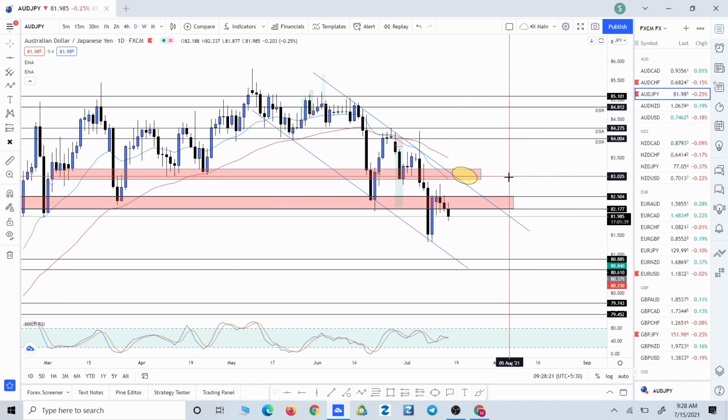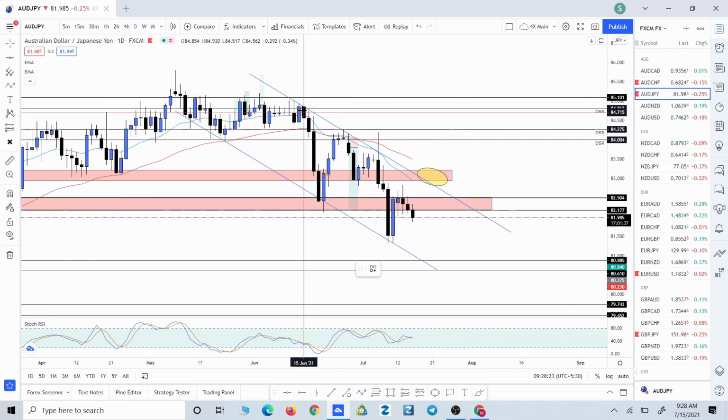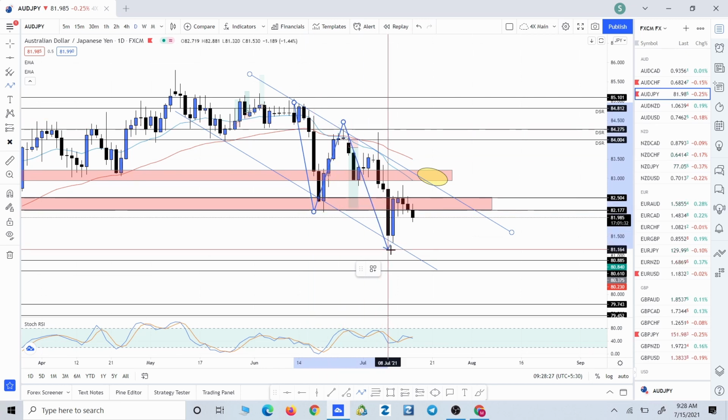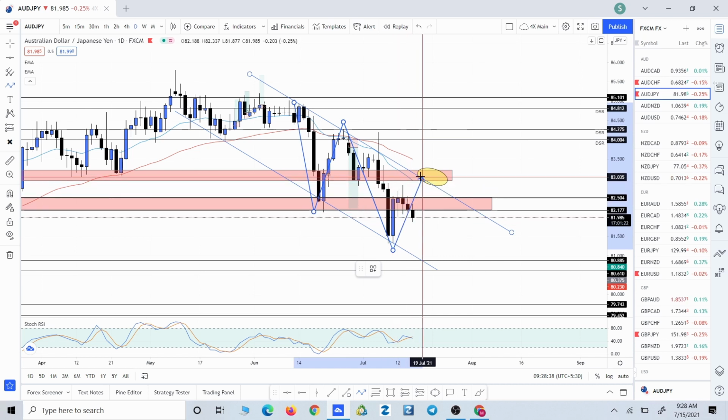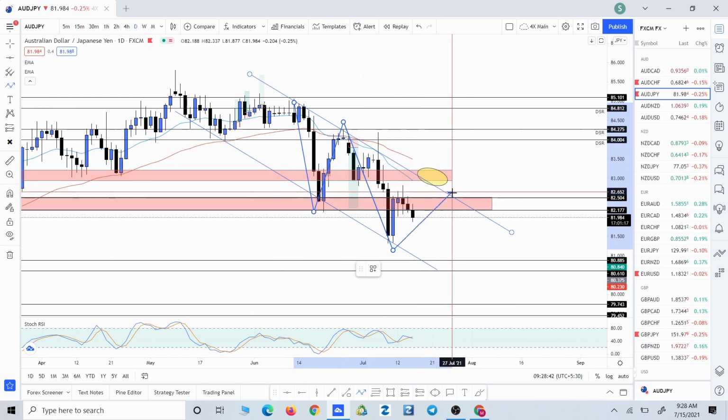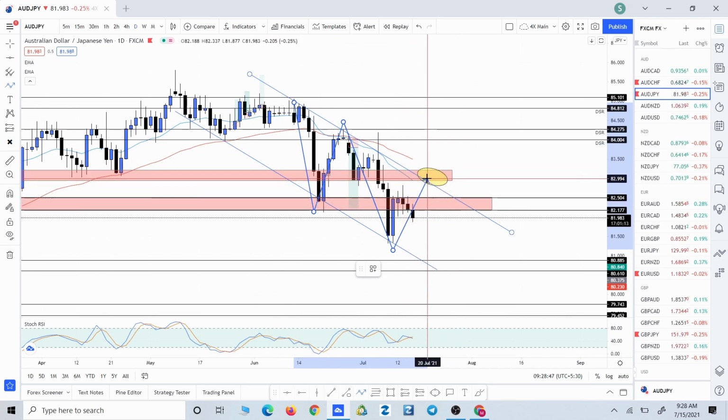USDJPY guys, we are continuously making lower lows and lower highs. We had the high, low, lower low, lower high. And as I mentioned yesterday, after making this lower low, we are waiting for a lower high and wanted the price to retrace back to this zone, which is a high confluence zone. And why? Because we have this upward trend channel.